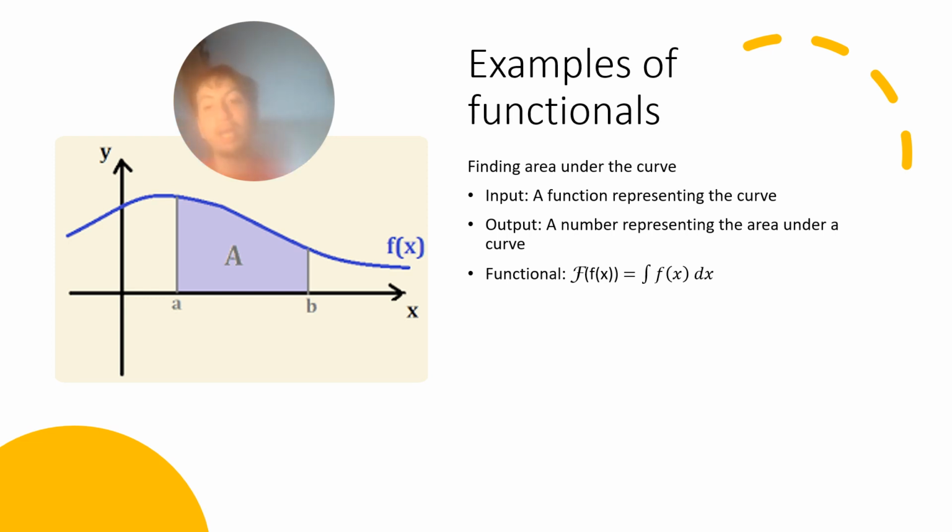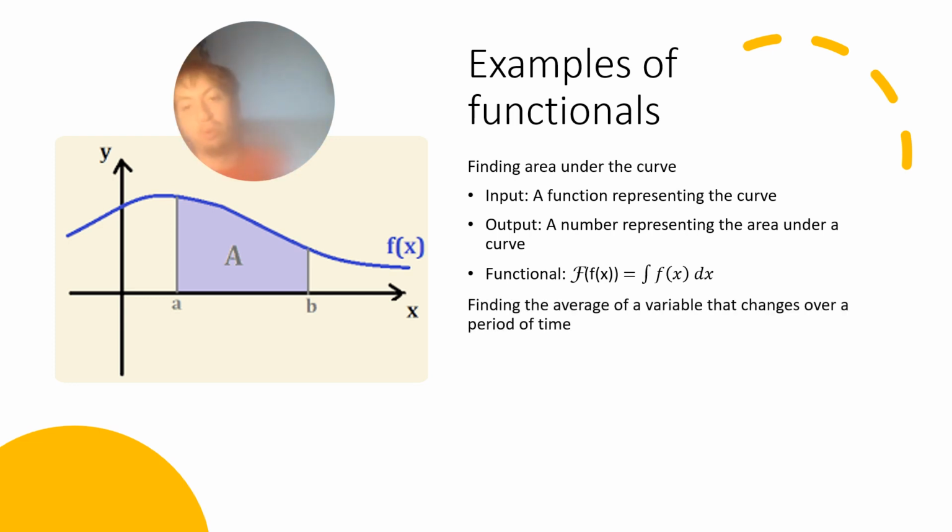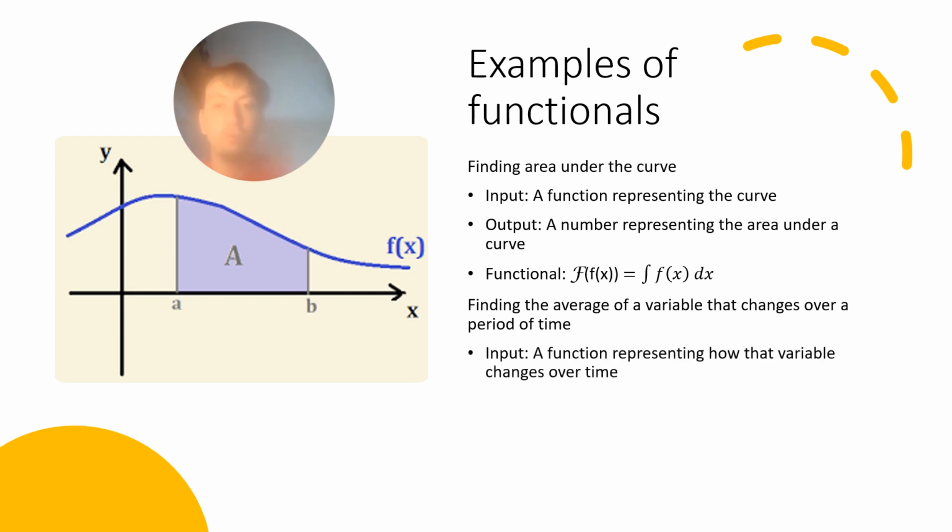Another kind of related functional is the one that we use to find the average value of a variable. So say you have a variable changing over a period of time, and you want to find the average of that variable. Firstly, you need a function representing how that variable changes over time.